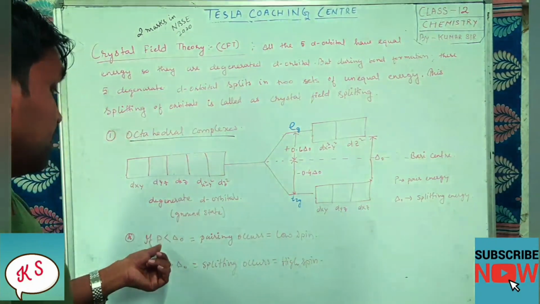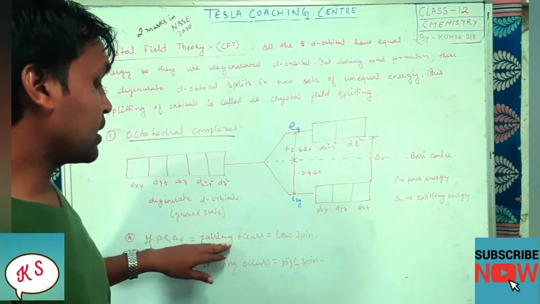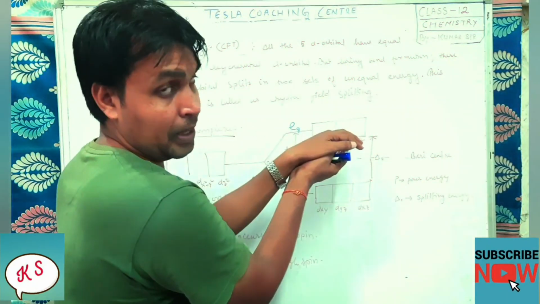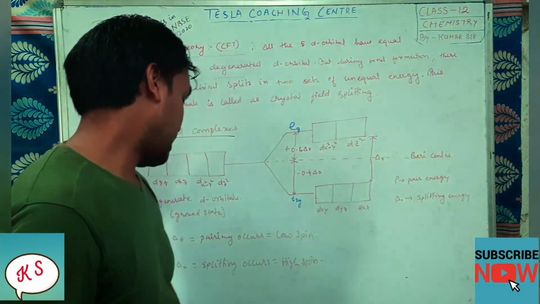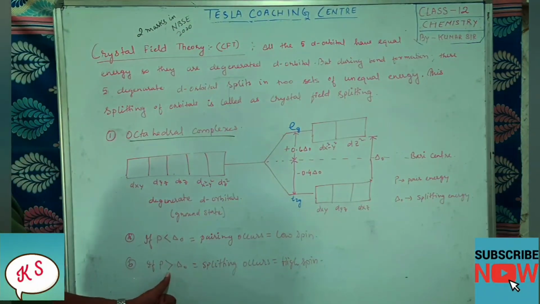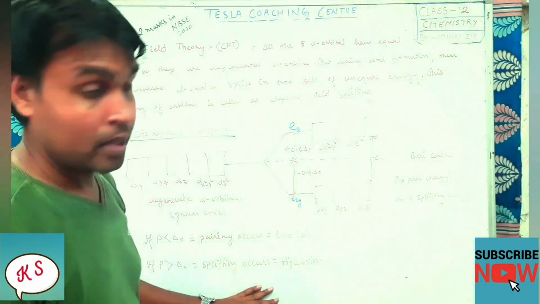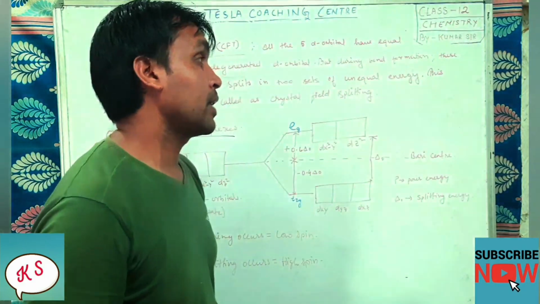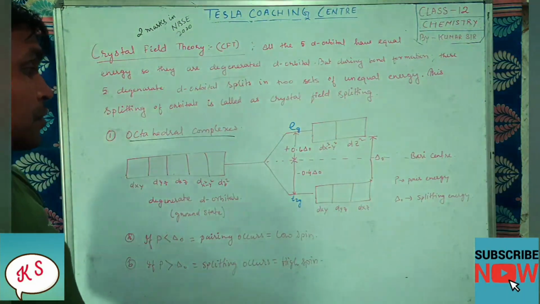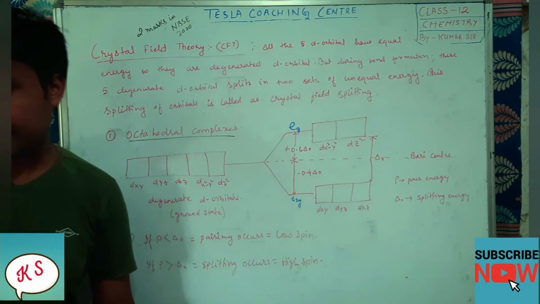If the pairing energy is greater than the splitting energy, then pairing will not occur, and that is called high spin. I hope all of you have understood it. Now let us go to the next section.